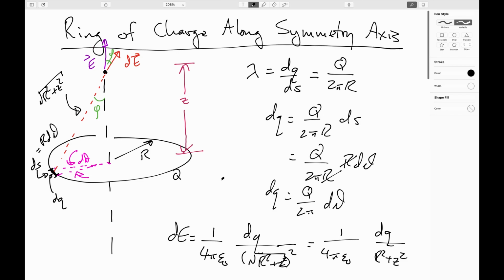The other case we can think about is if z is big compared to r. Then this object is going to look like a point charge, and so we would hope to see something that looks like kq over z squared. So let's see if that's true.